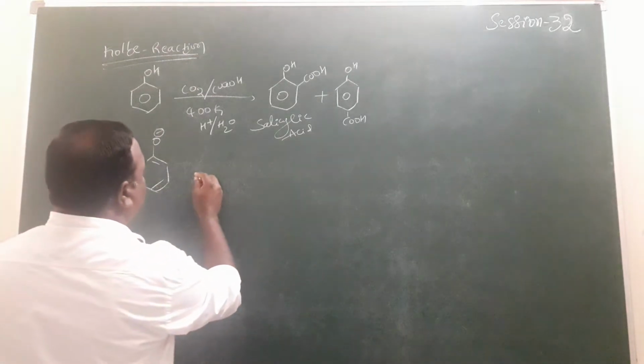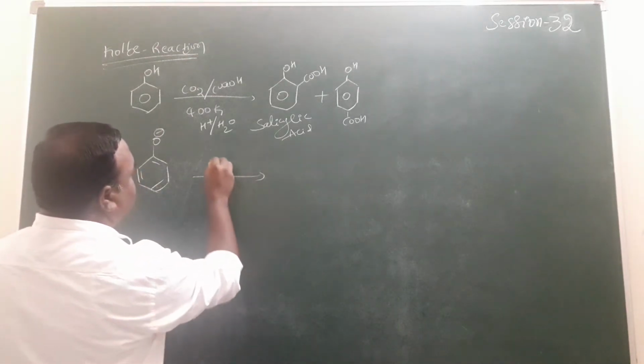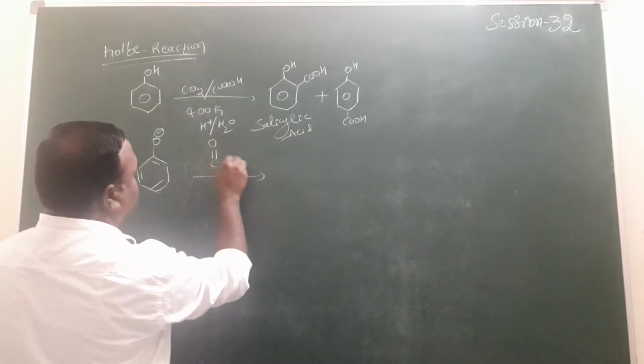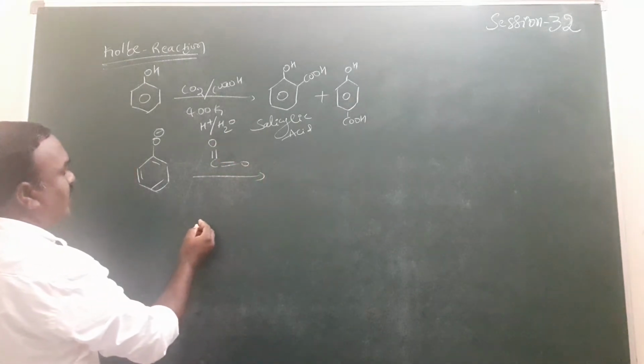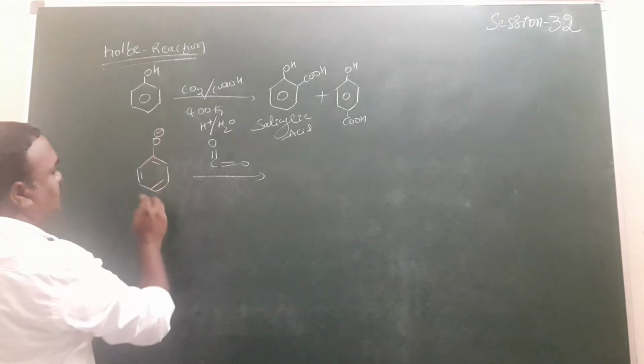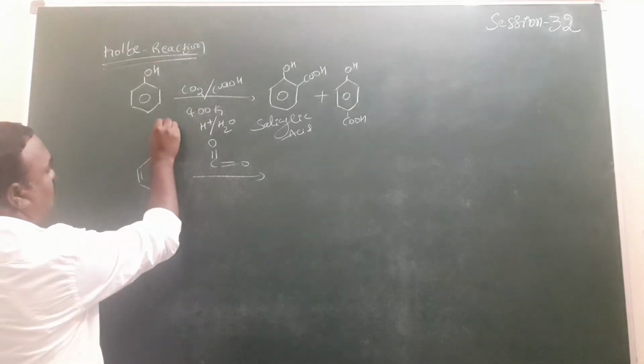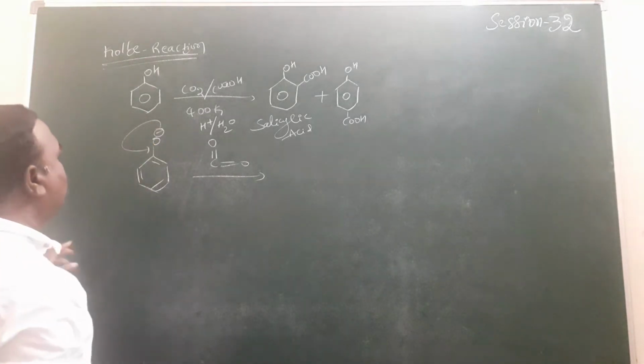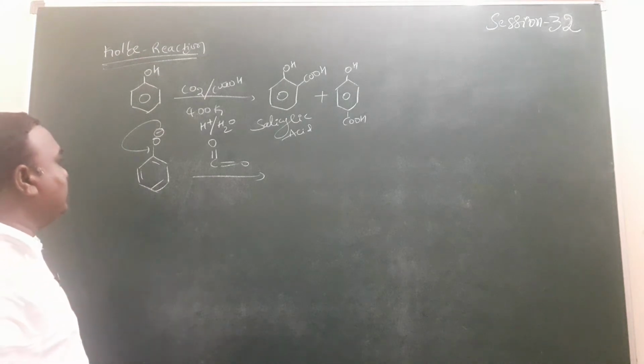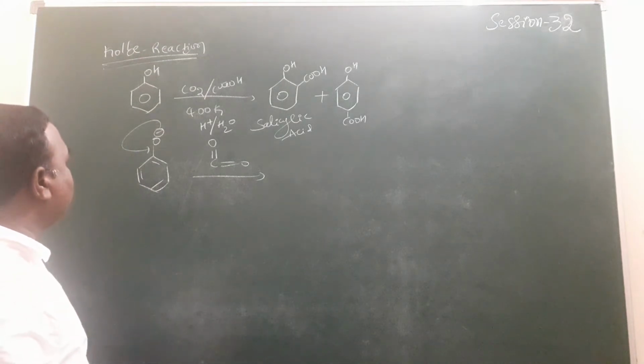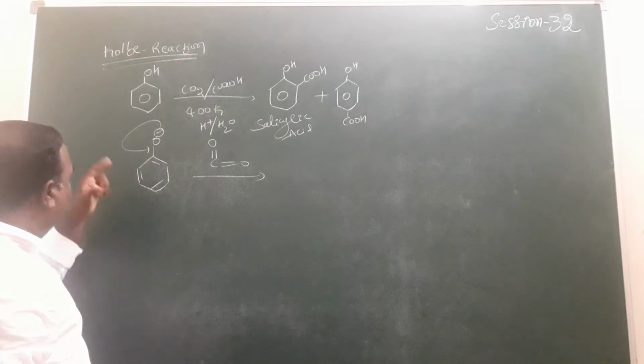So the compound reacts with carbon dioxide. The given system is a conjugated system. Whenever the lone pair migrates towards the single bond, the single bond becomes a double bond, that is, a double bond is formed between carbon and oxygen.